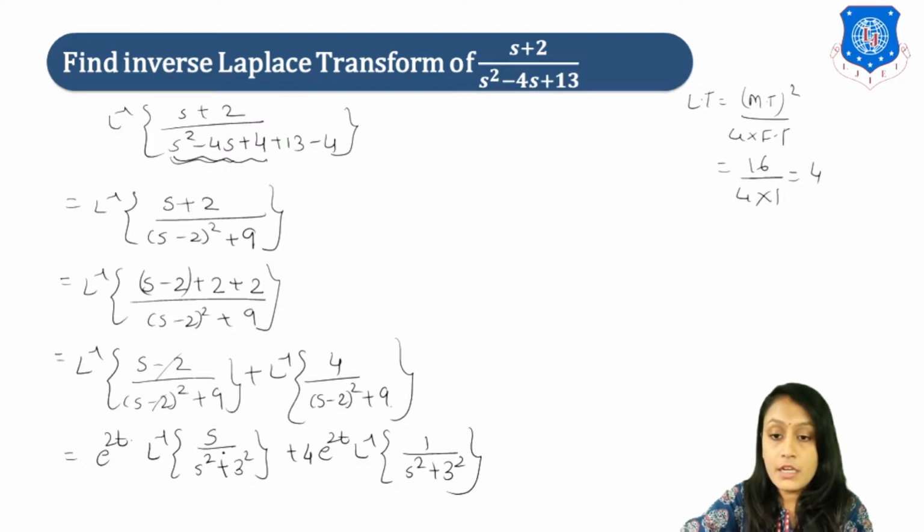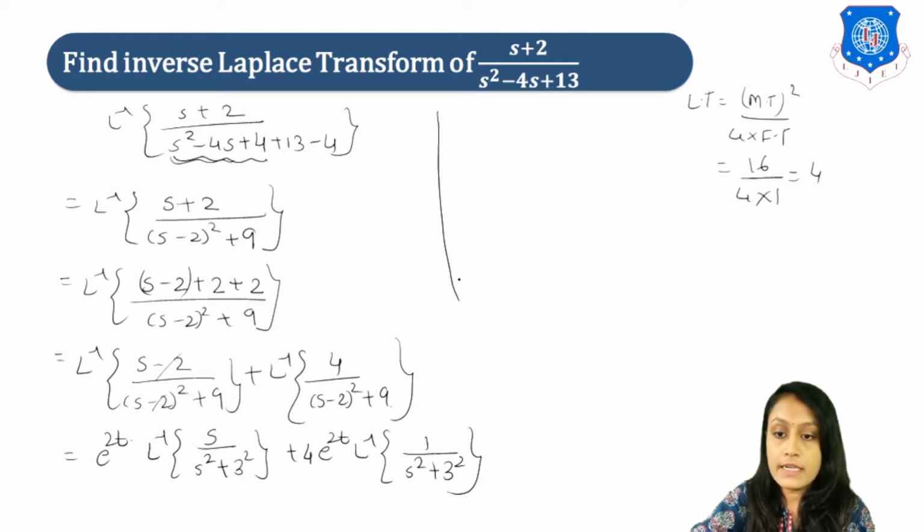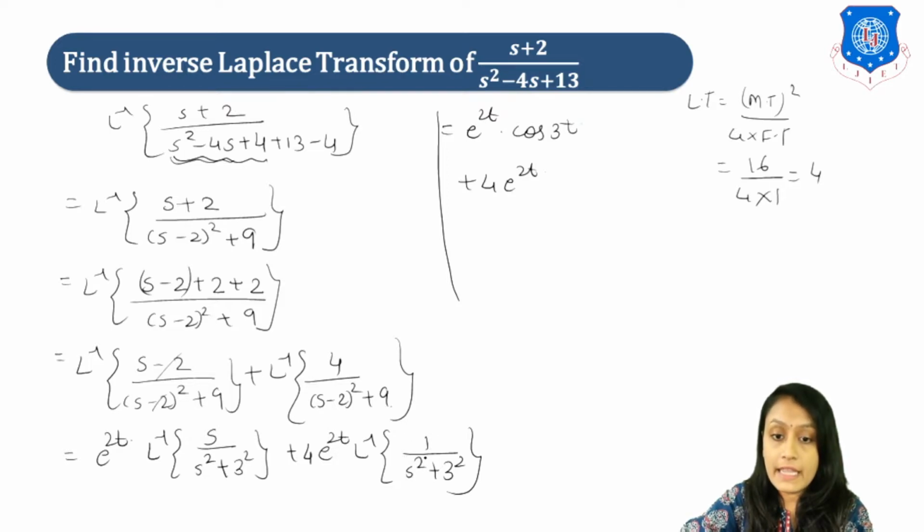Okay, now here we have s in the numerator, so this is the cos formula. Okay, and here we have 3. So what you will get, e raised to 2t, Laplace inverse of s upon s square plus 3 square, it will give you cos 3t, correct, plus 4 e raised to 2t as it is. Now here we don't have s, so we have to set a, right?